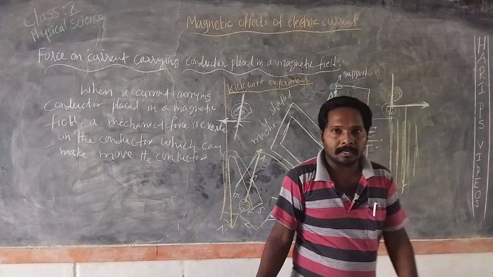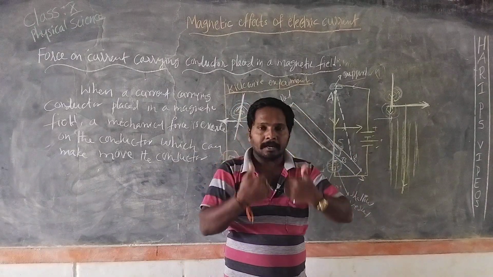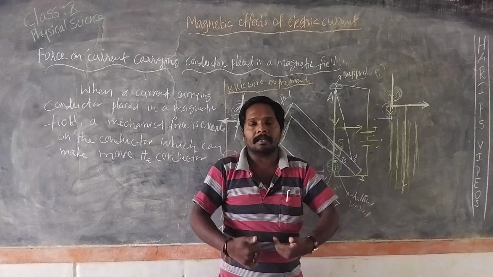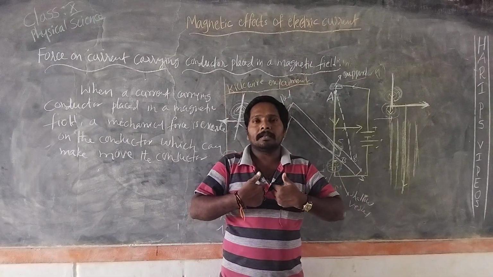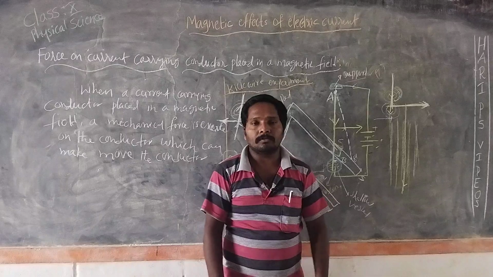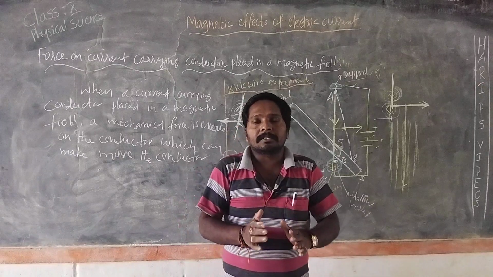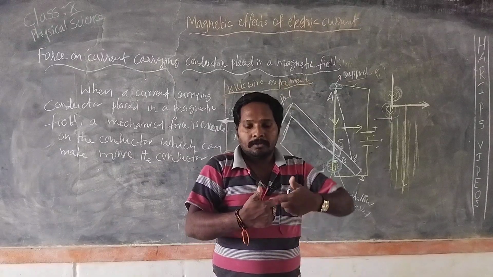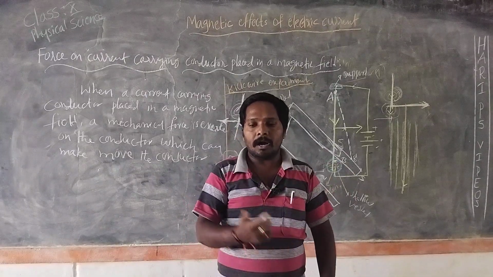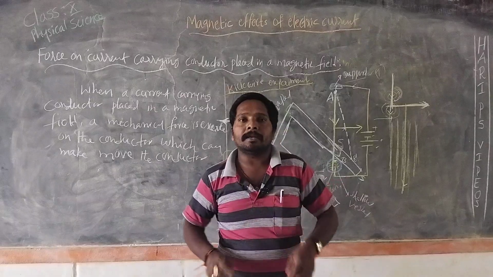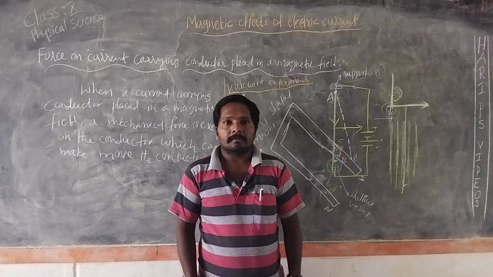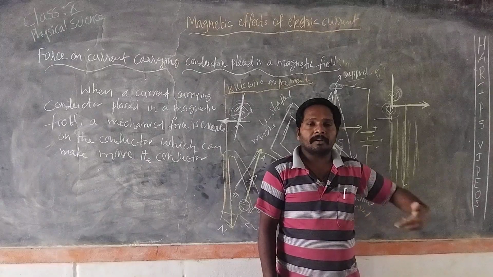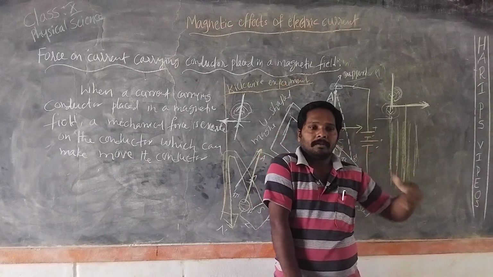If you imagine me standing like this as the current carrying conductor, and electric current is passed vertically down, in which direction is the magnetic field formed? Like this, with the right hand. So the magnetic field is formed around me from left to right.